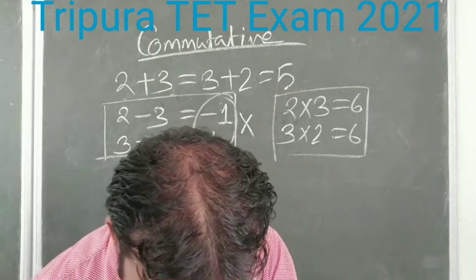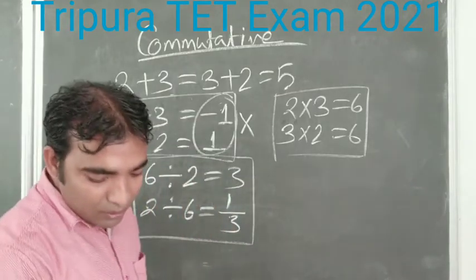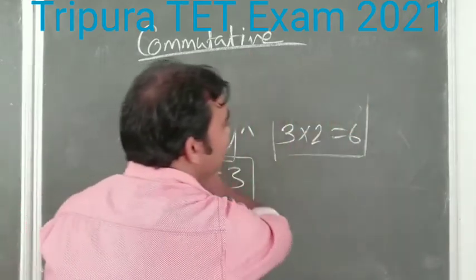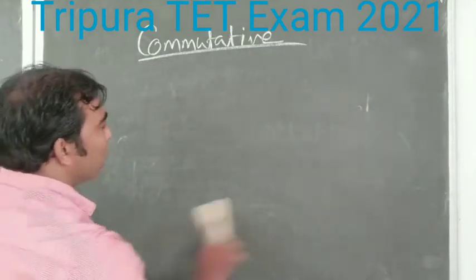Now next we will discuss the third property, that is the associative property. What do we mean by the term associative property?